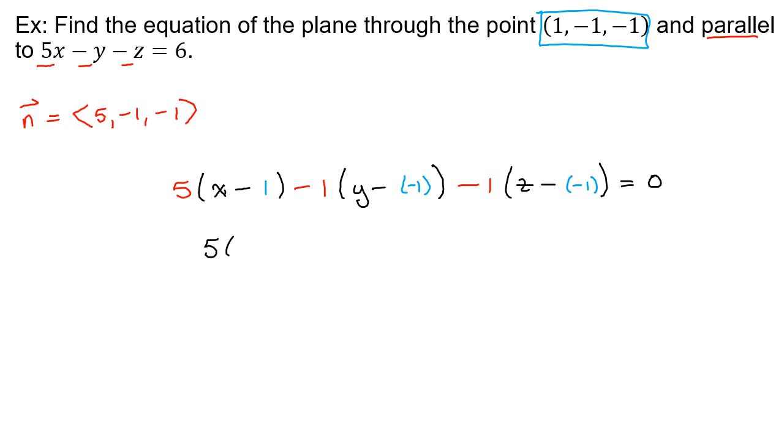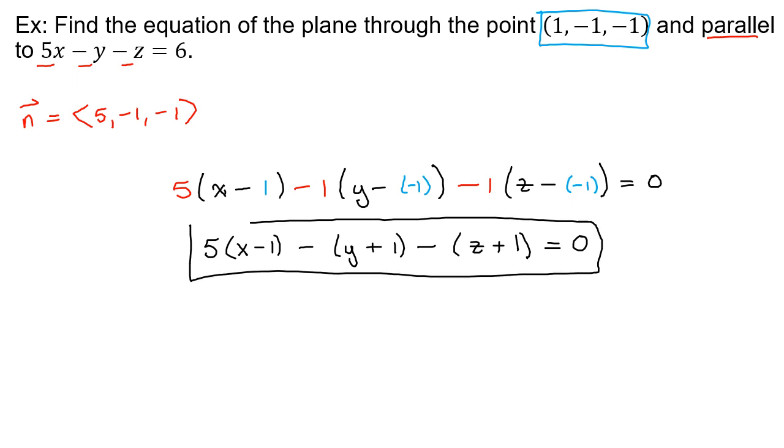So I'll make this say 5 times x minus 1 minus y plus 1 minus z plus 1 equals 0. And that is my scalar equation of my plane.